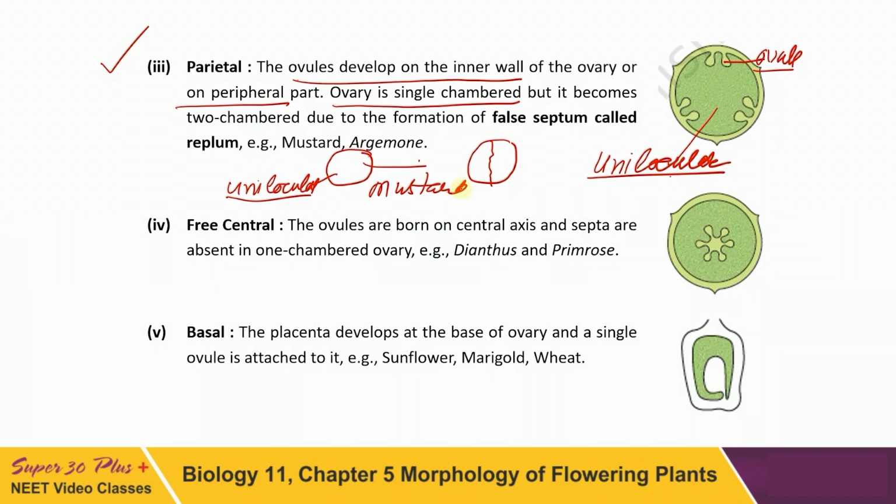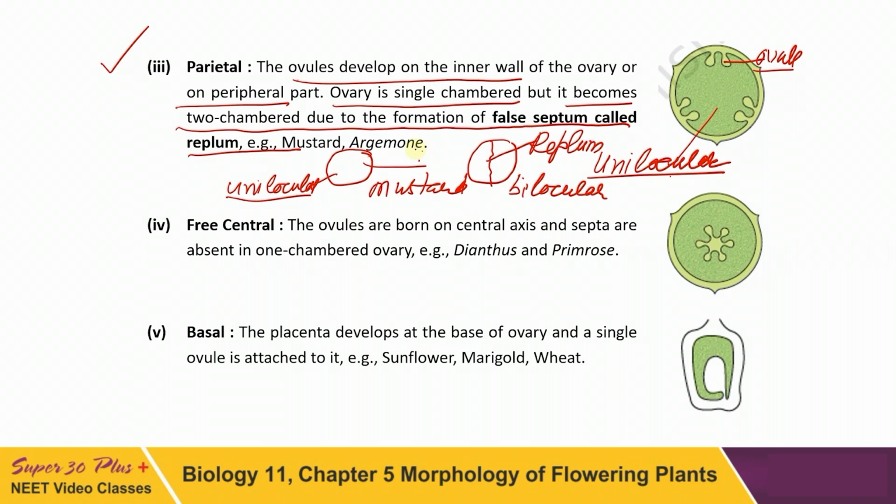That's why it becomes bilocular, and this false septum is called replum. But it becomes two chambered due to formation of a false septum, as in case of mustard or in case of argemone.